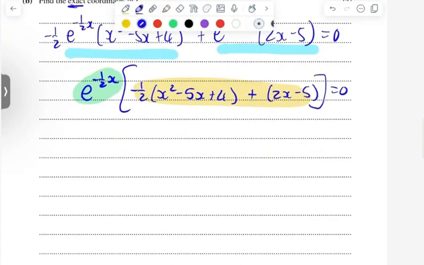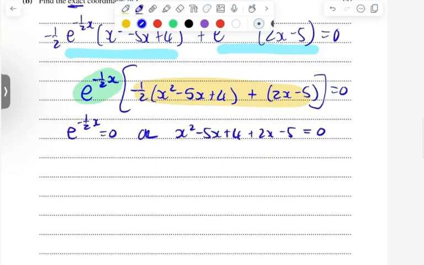So I know that each one of these is equal to 0, or this whole thing is equal to 0. This is kind of like a quadratic, so I'm actually going to just divide through by a half. That's in my way. So x squared minus 5x plus 4 plus 2x minus 5 is equal to 0.